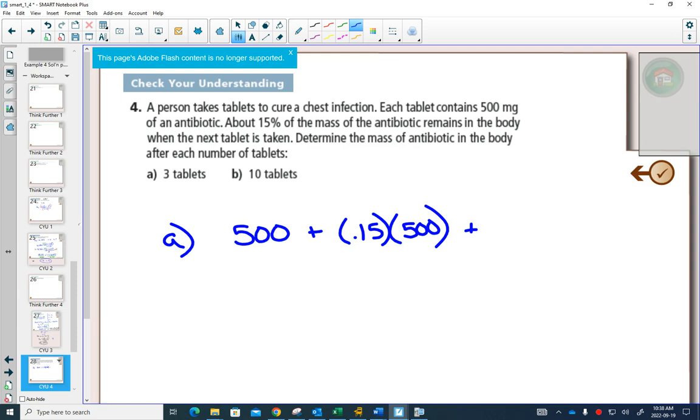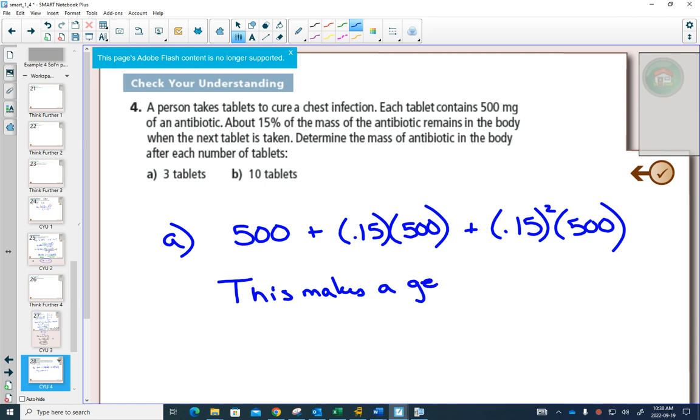That when you're on your third tablet, the tablet that you took one time ago only has 15% left, and the tablet you took 2 times ago, 15% got taken off once, and now 15% is left again, so that becomes 15% happening twice. And this makes a geometric series.